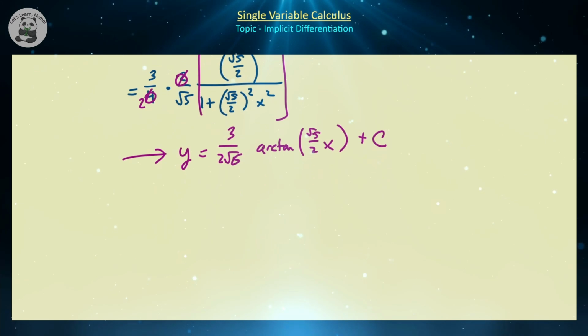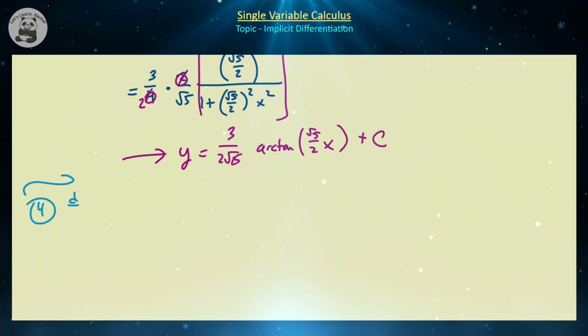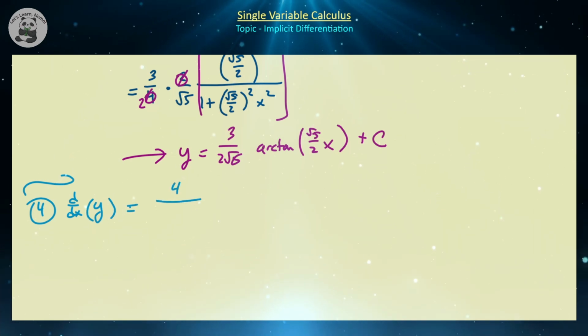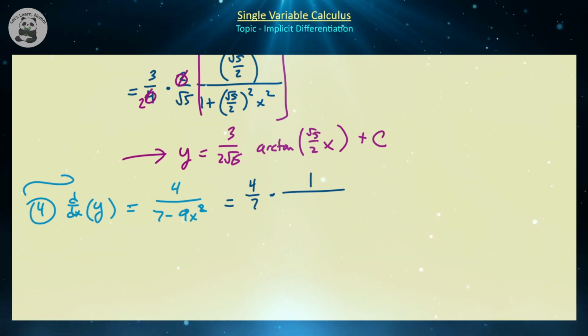And let's just do one more just to practice. Let's assume that the derivative of some unknown function is equal to 4 over 7 minus 9x squared. So here we have a minus sign. What I'm going to do is begin by still taking out that 7. So I'm going to have 4 over 7 times 1 over 1 minus 9/7 x squared.